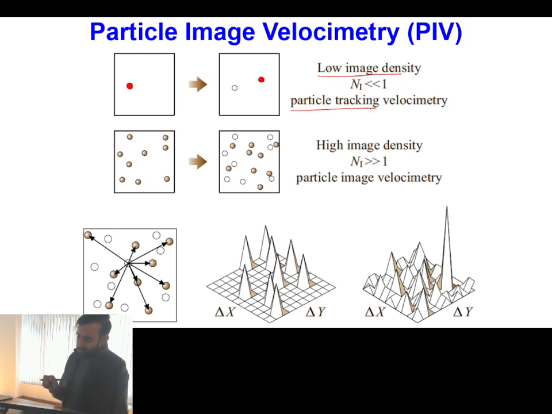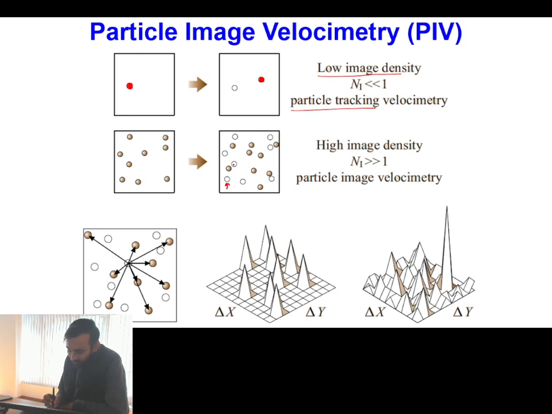If we have a large density of particles, now you can see the old image and new image are superimposed on the same frame, where hollow circles show the old location of the particle and solid ones show the new location of the particle in the new frame.